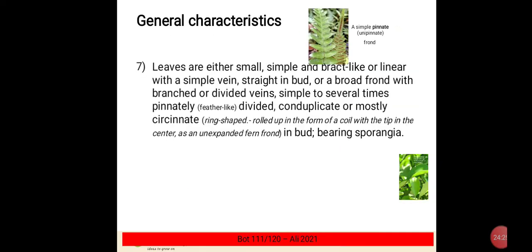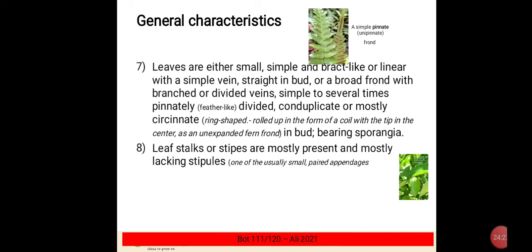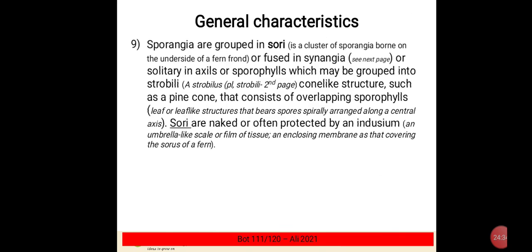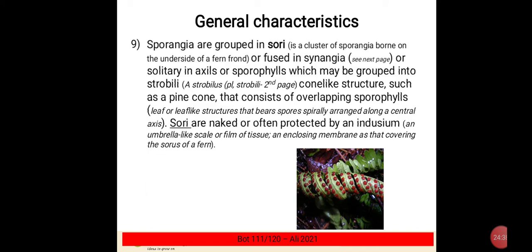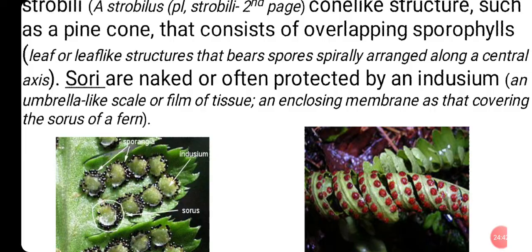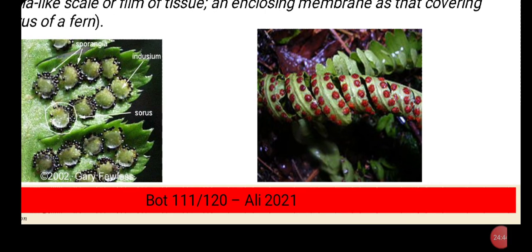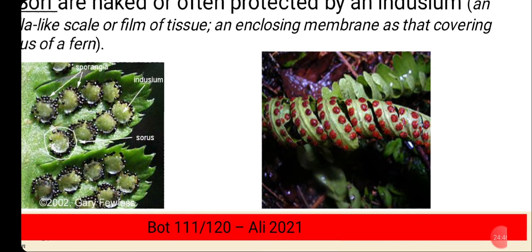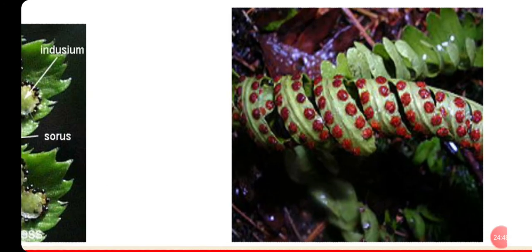That's a typical pteridophyte. Now there are very many points to add, but I think you will research for more points. You can also see this diagram. On top of the leaflet, we have the sorus here. This diagram here, we have the sorus.